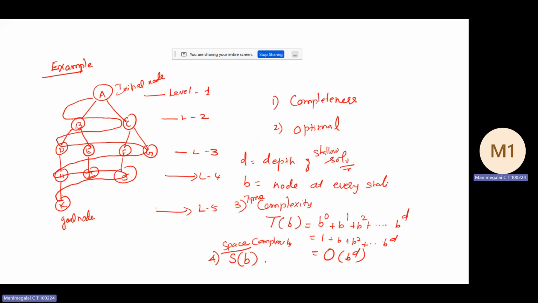Space complexity is represented by S of B, so that complexity will be B into D. So this is the formula. It requires a lot of memory, a lot of space, but it is having the best solution. This is the procedure for finding it out.